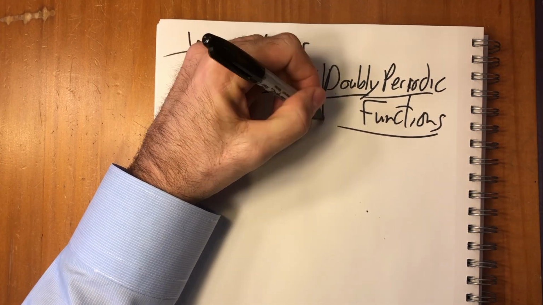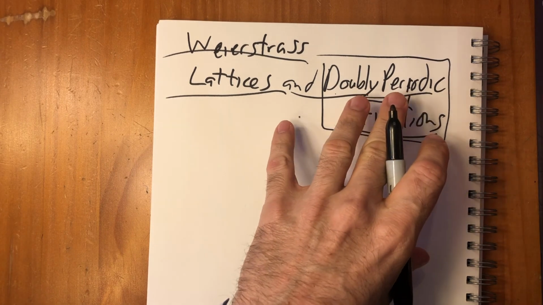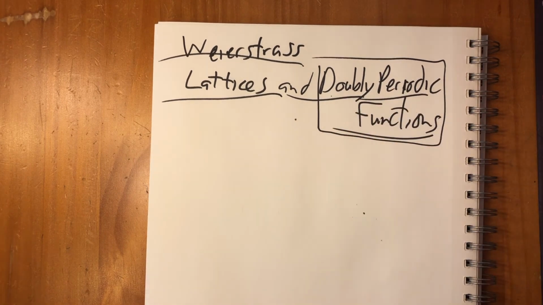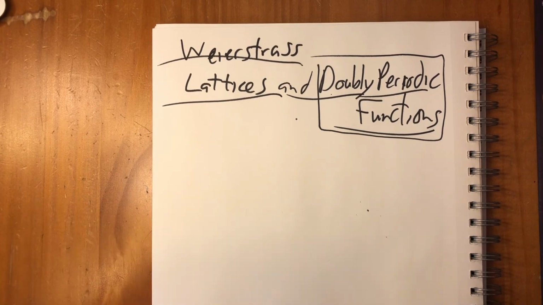We're going to talk about what a doubly periodic function is, and it turns out that every doubly periodic function is an elliptic function, or an elliptic function leads to an elliptic curve. So what is a doubly periodic function?